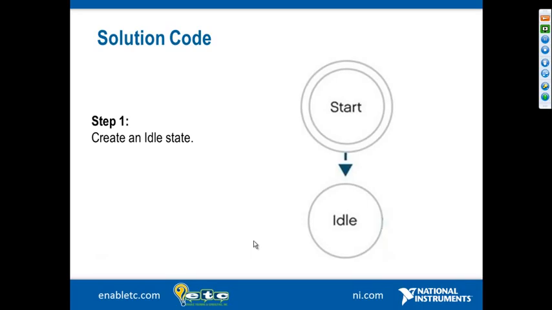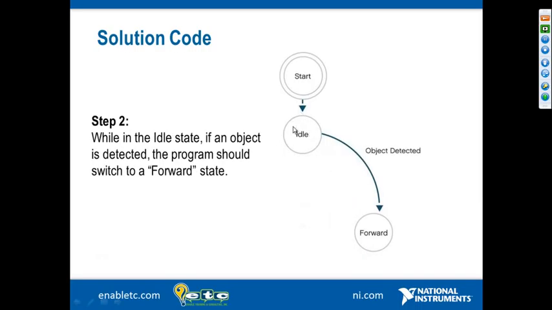In order to start off, we're initially waiting for something to happen. A very common usage of that is a state called an idle state. So the first part of our state diagram has us going from the start state to an idle state. Next, what we're doing in the idle state is checking for an object to be detected. So we have a transition from the idle state when object detected occurs, and we label that on the arrow. So the idle state goes to the forward state.